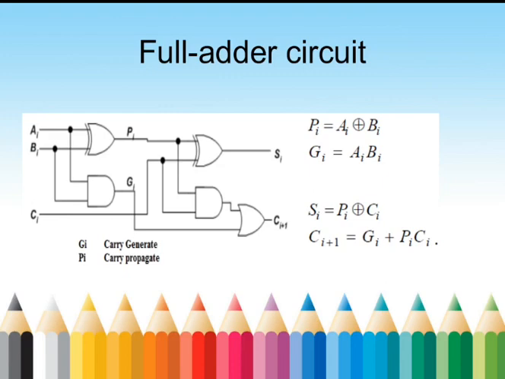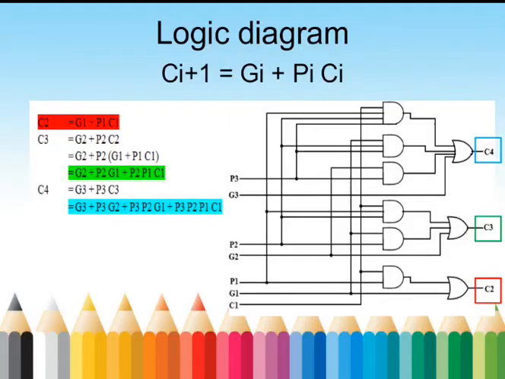With the help of the carry expression Ci plus 1, we may express the carry output of each stage by applying different values of i.